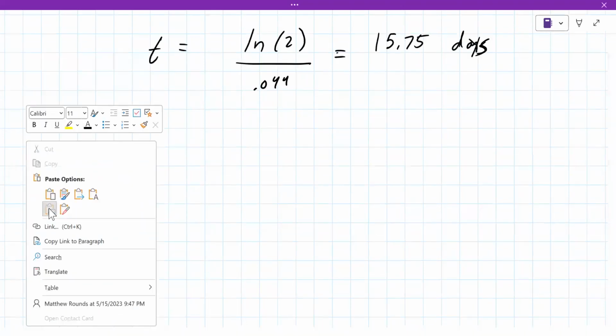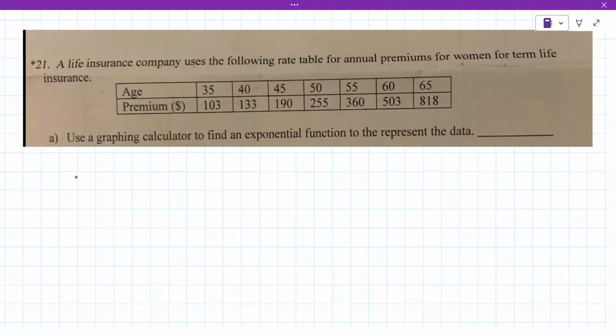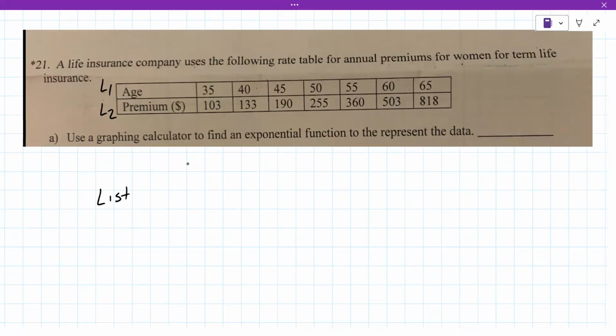You have to go to your graphing calculator and go to list. The ages are going to go in list 1 and the premiums in list 2. I think it's stat edit, maybe. You put your data in list 1 and list 2, and then you do a stat calc.